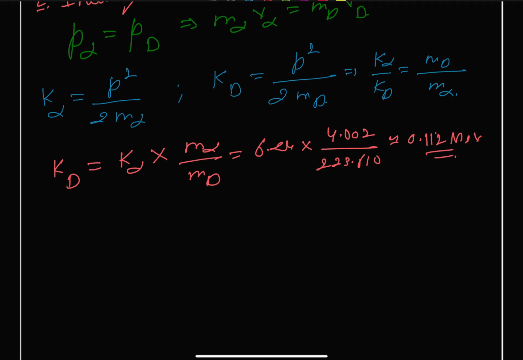So the total energy released will be the summation of the kinetic energy of the daughter as well as the kinetic energy of the alpha.